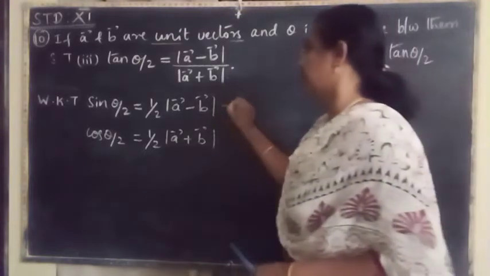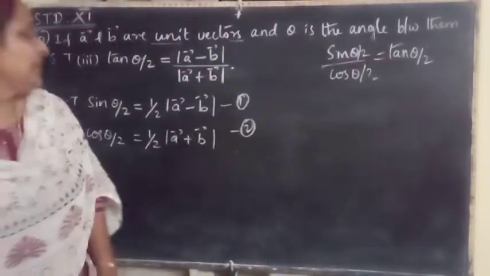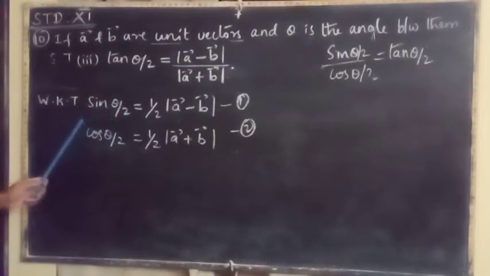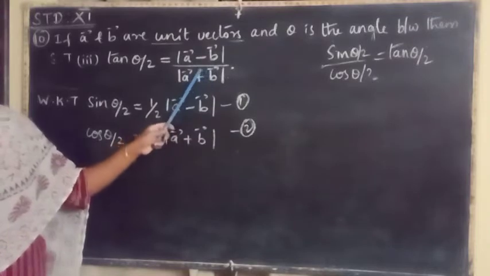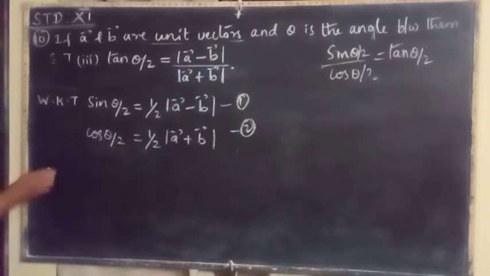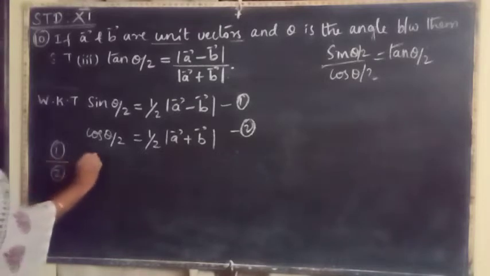So what I am going to do with the previous results, sin theta by 2 and cos theta by 2, I am going to just divide the first equation by the second equation in order to get the result. So very simple. Divide first by second equation. So what will I get?